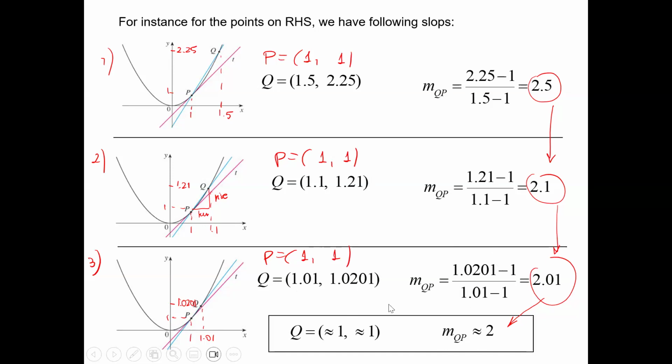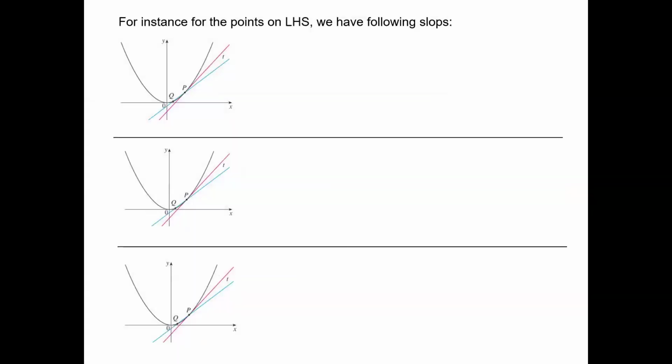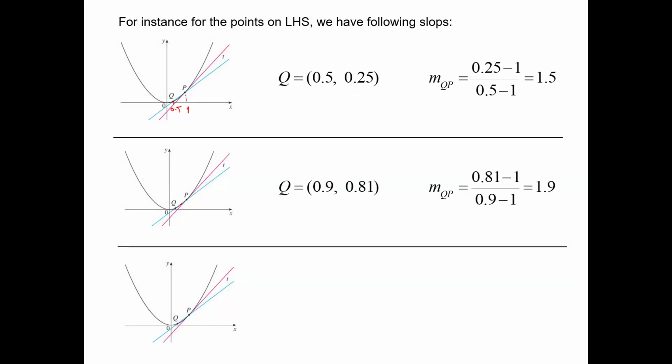Now I also did the calculation on the left-hand side. Let's look at this. Having the point P, I think I pick 0.5, and then rise and run. And then I pick, I didn't change, 0.9, that means it's closer. That's the corresponding value, of course x squared, I'm just squaring.